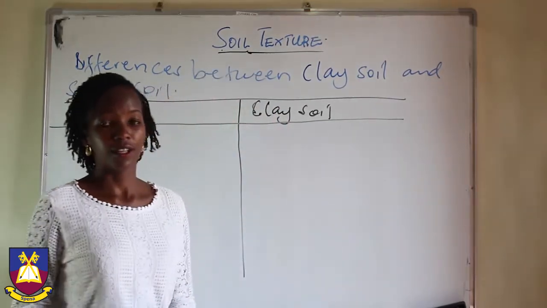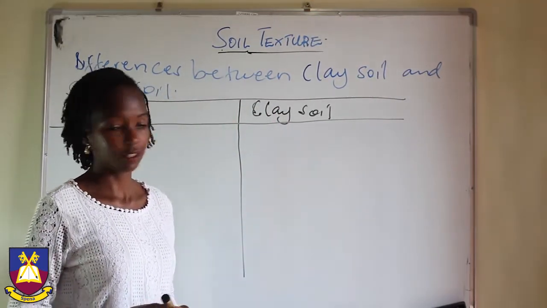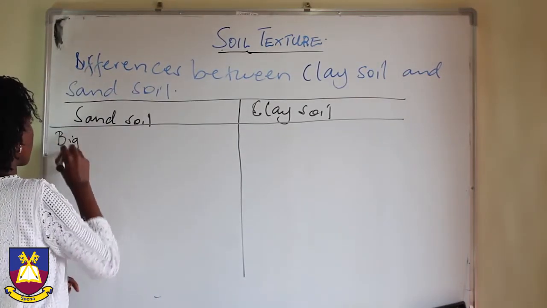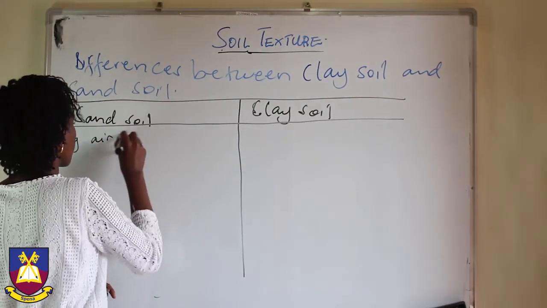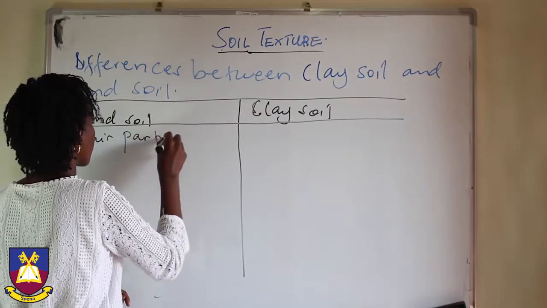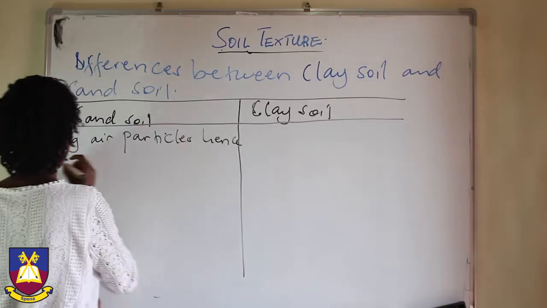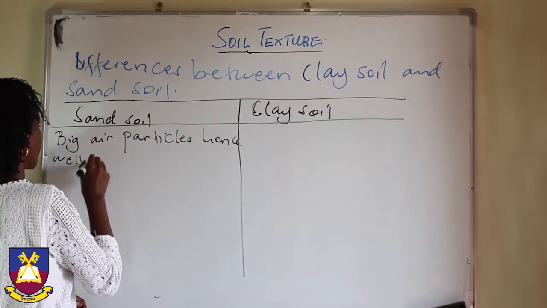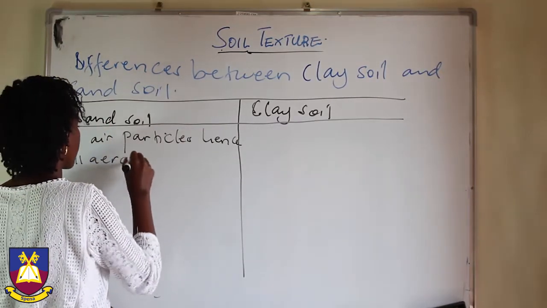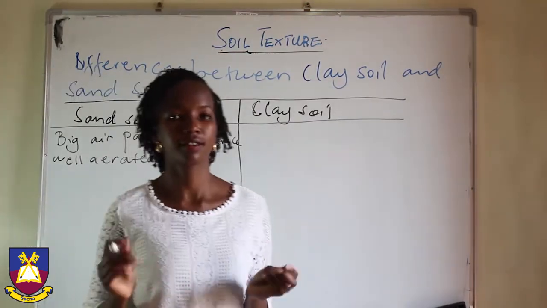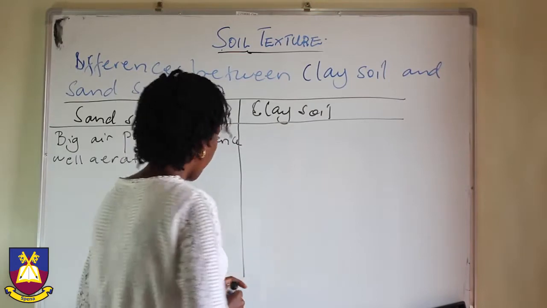Sand soil has very large air particles, hence well aerated. Has very large air particles and hence it has enough air in it. How about clay soil?